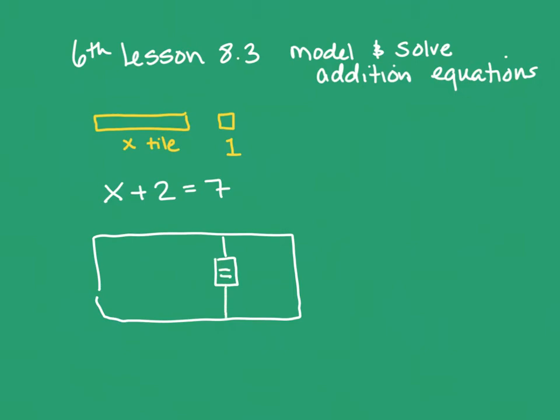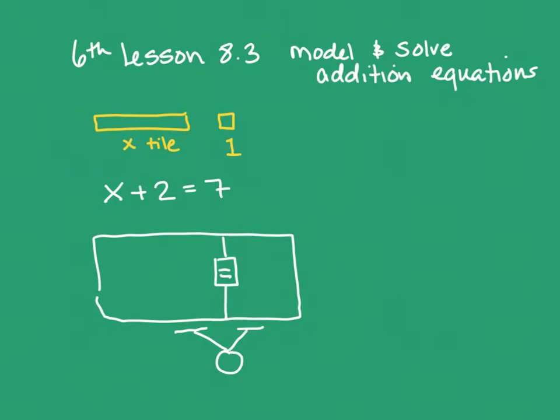And I want you also to think about this mat like a balanced scale. If it says that it's equal, this side is equal to this side, then whatever's on this side is going to be equal to whatever's on this side. So if I make any changes to one or the other, I've got to make sure I keep it equal by doing the same thing to the other side.